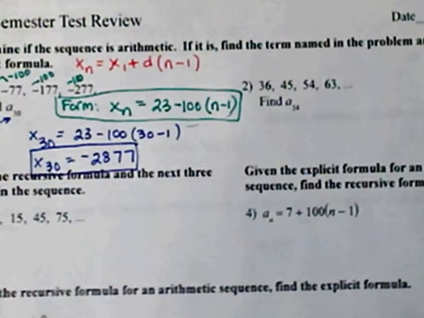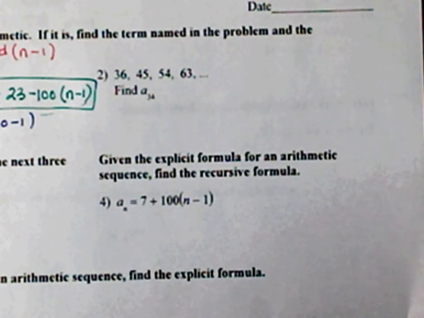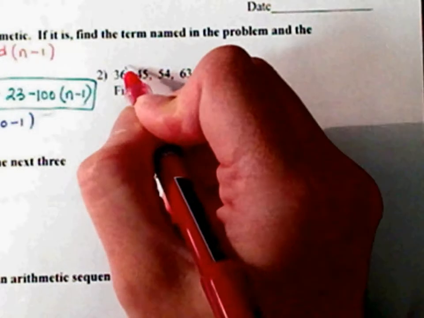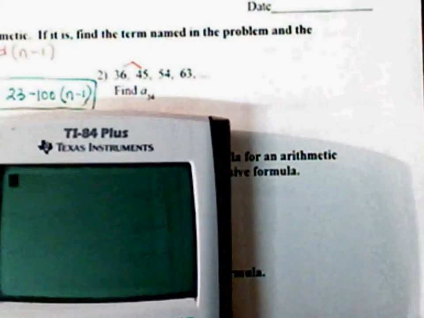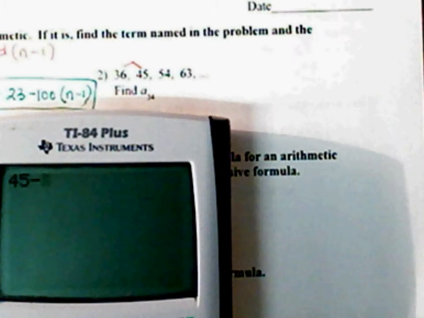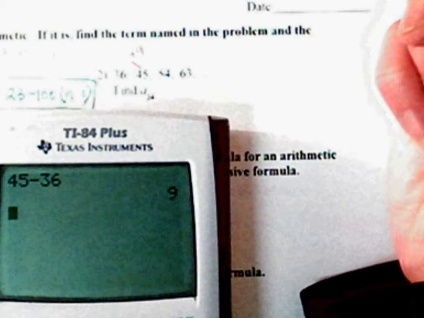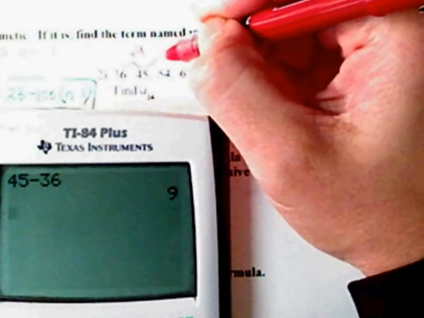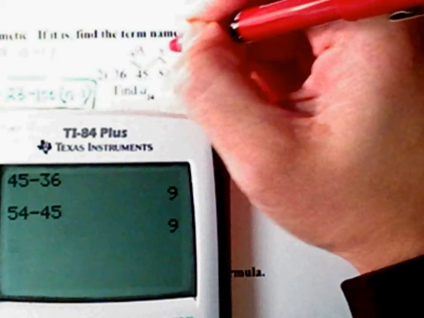Number 2. Same scenario. If you want to find your explicit formula, let's see if the sequence is arithmetic first. Before you even start, you need to go 45 minus 36. The difference there is a positive 9. Do it again: 54 minus 45, positive 9.